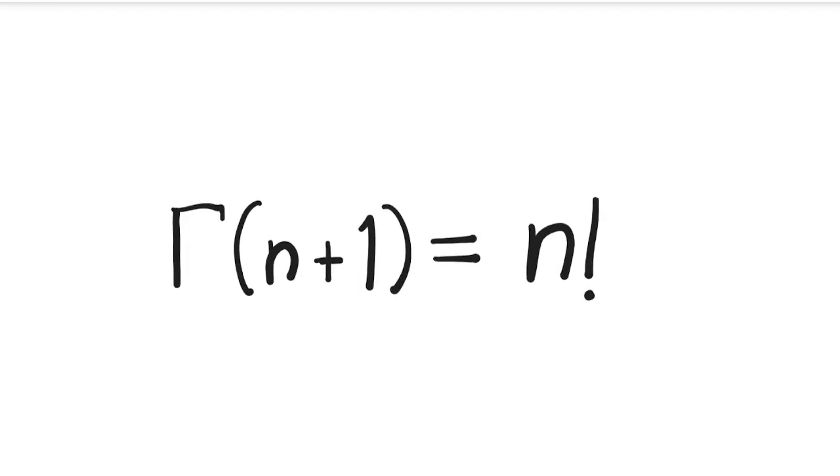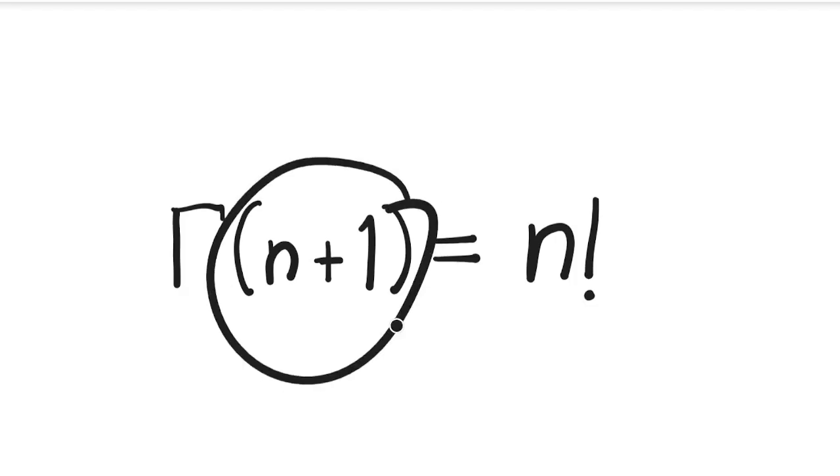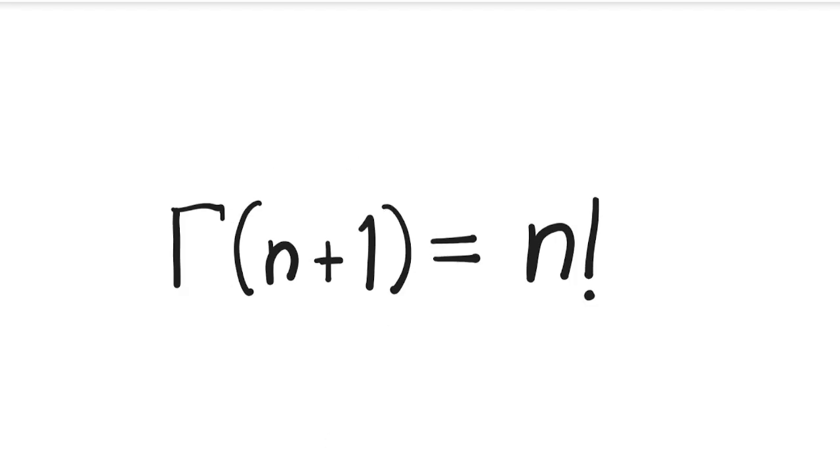Now, what is this symbol on the left hand side of the equality? Well, this is gamma, and this is the argument that gamma takes on. So, what is gamma?